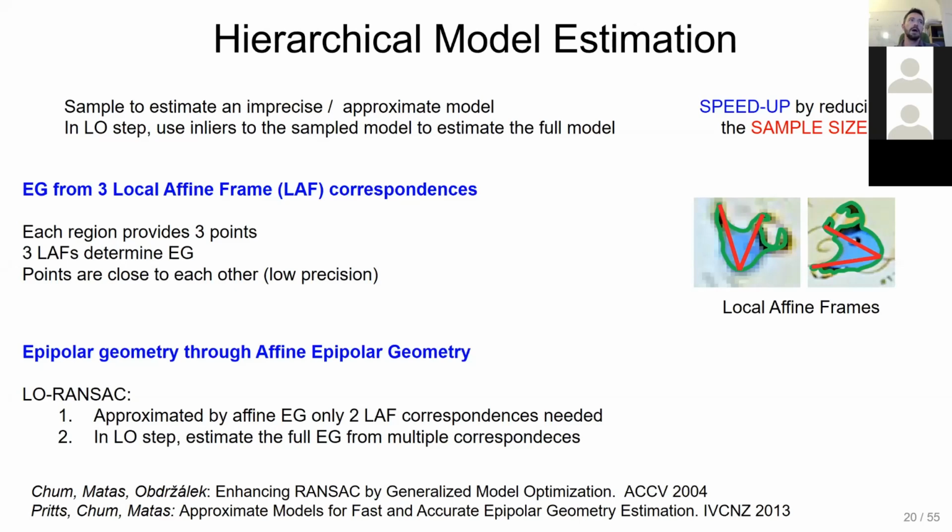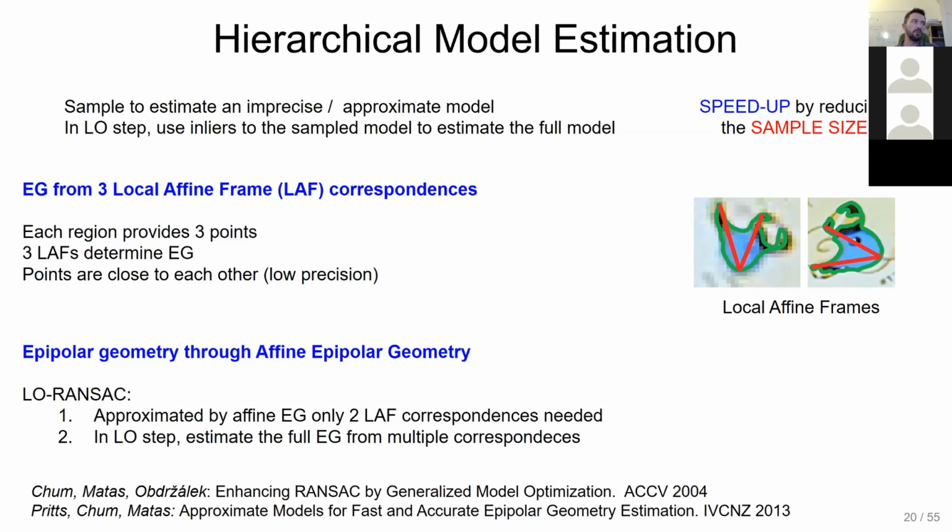And hence, you can estimate, for example, epipolar geometry from 3 local affine frame correspondences instead of 7 point correspondences. The problem with this is that the points are close to each other, so the models are of lower precision. However, if your local optimization is able to fix that, everything will work. Another approach is that you can not only use more information from a single match, but you can also use some approximate model.